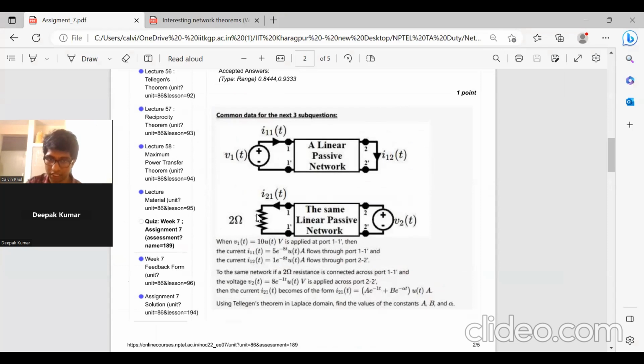Then we connect a 2 ohm resistor over here, and we apply a voltage source v2 of t over here. Then we will get a current I21 of t over here, and this current also has some value we don't know. Now we want to find out this current I21 of t. So we have to use Tellegen's theorem in the Laplace domain to find the values of the constants a, b, and alpha, when I21 of t is in this format.